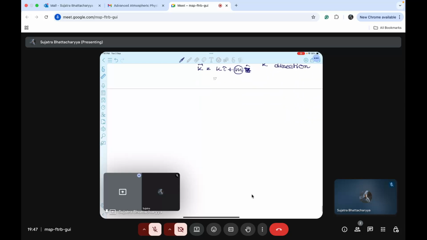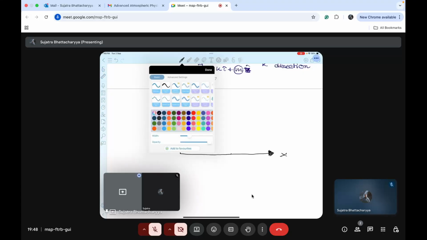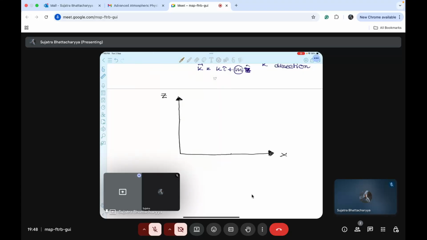Now, if we have to make a diagram of all, let's do that. This is a very interesting diagram, you'll understand. So this is your x, this is your z. Now we can make some phases of the wave, just like this.